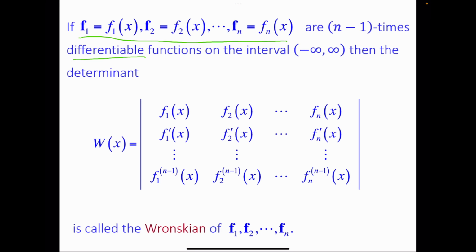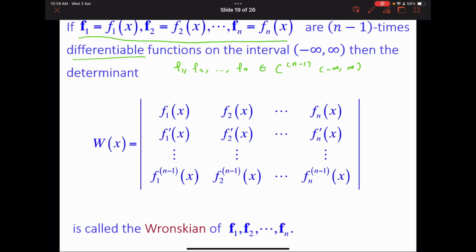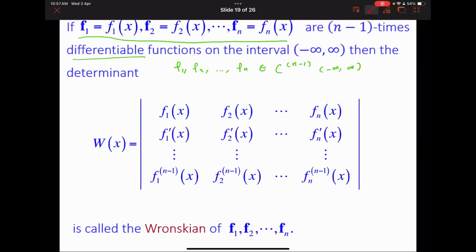That means f1, f2, up to fn, they are all in C^(n-1). Let me change the color.